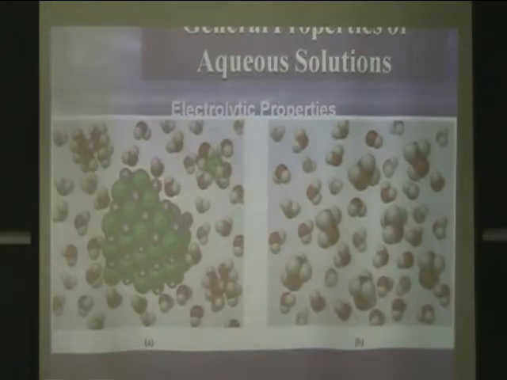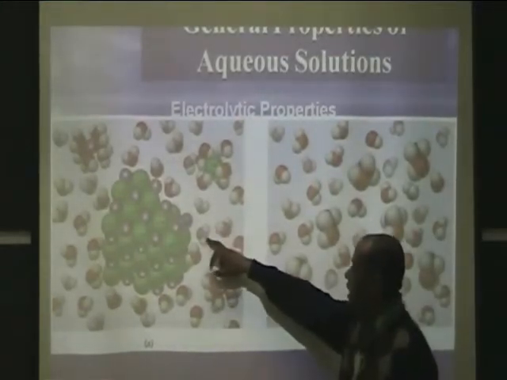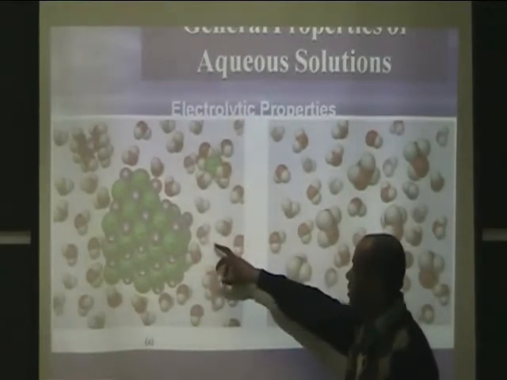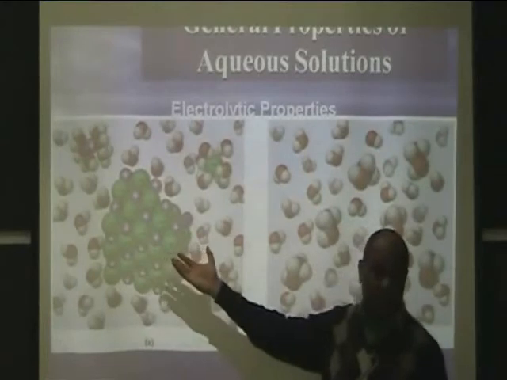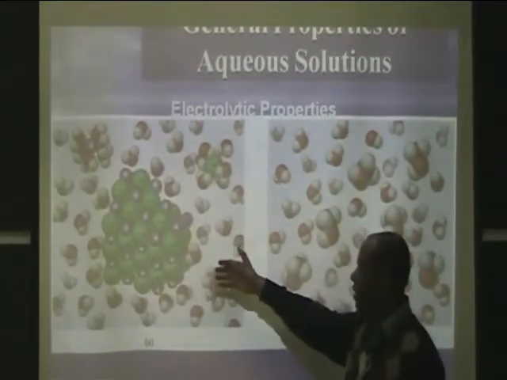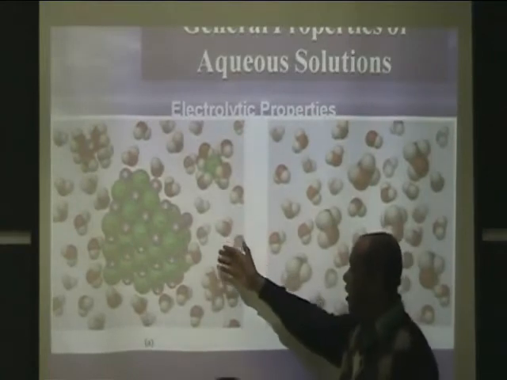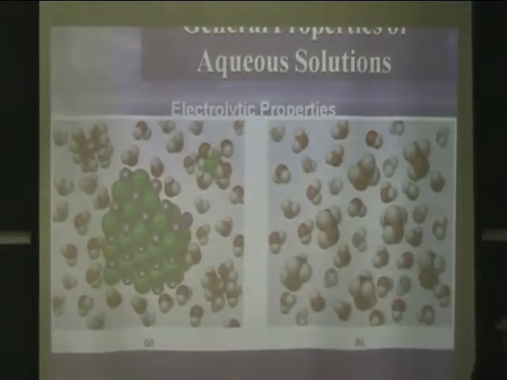What this shows you is a water molecule surrounding an ionic substance. It can be sodium chloride, it can be magnesium chloride. We're not counting how many sodium ions are attached to the water molecules.